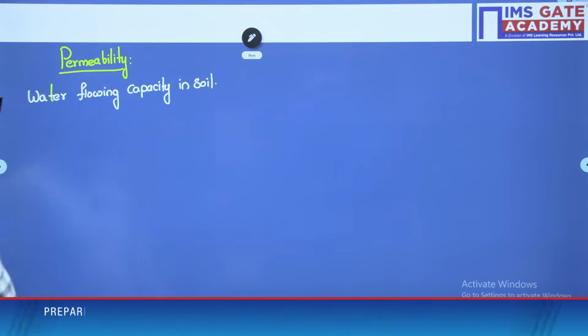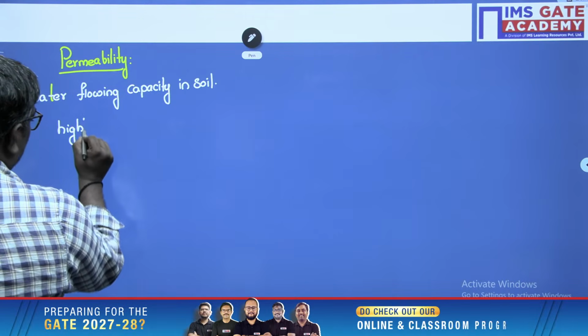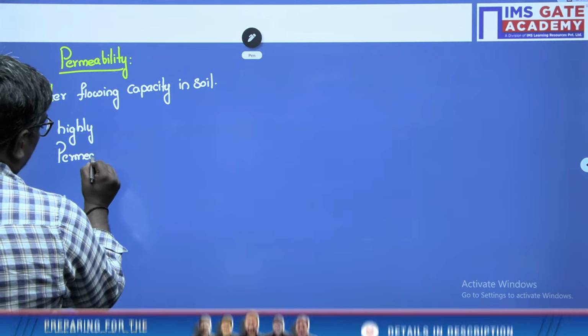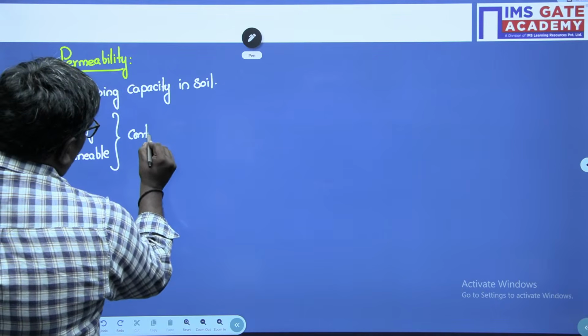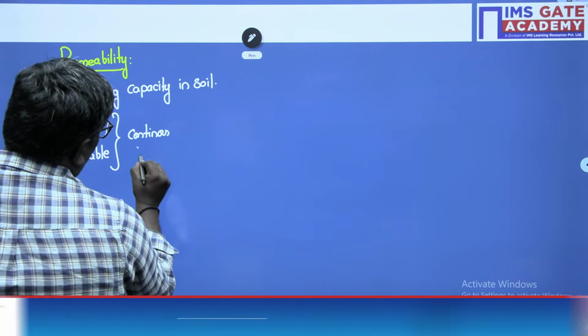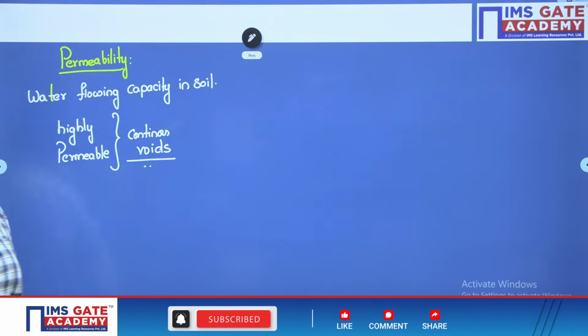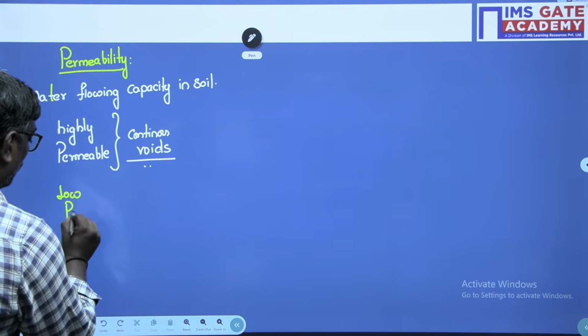Agree? Now, my dear students, when do you say that a soil is highly permeable? A soil is said to be highly permeable if it has continuous voids. Similarly, when do you say that a soil is low permeable?